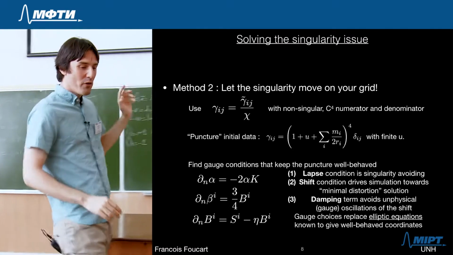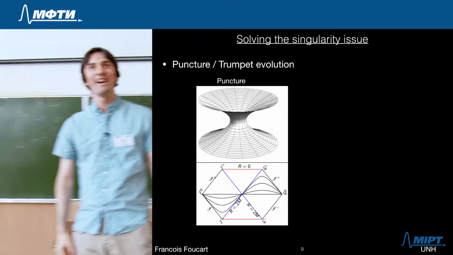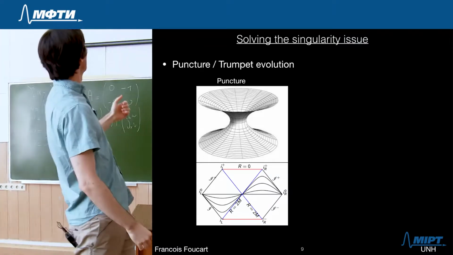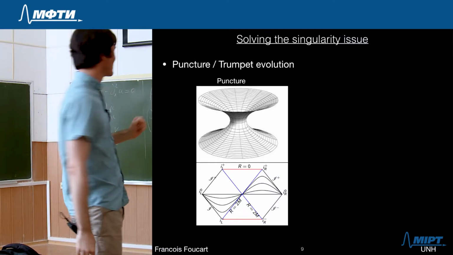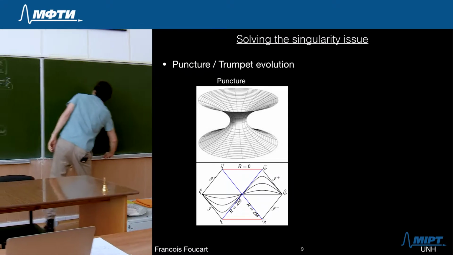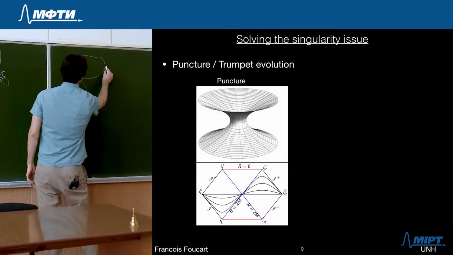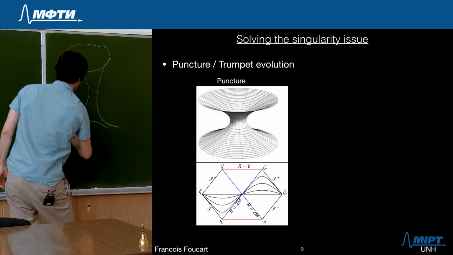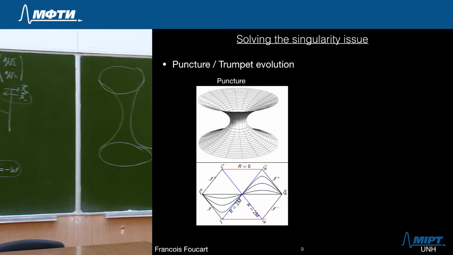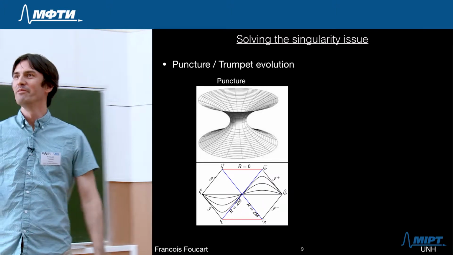Now, a few years after this was done, people started to understand why it works. And this is not showing very well at all, so I'm going to draw it. The initial conditions that you start from in the puncture data is effectively a wormhole.